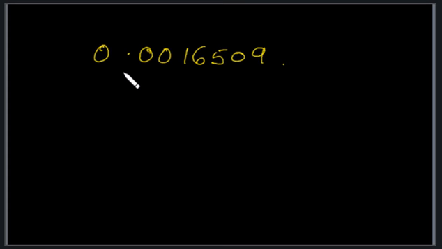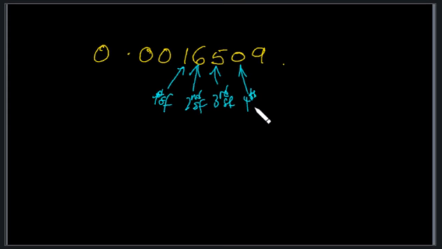My first significant figure of this number would be the first non-zero digit, which is 1. So we have our first significant figure. Then we have our second, third, our fourth significant figure, and the fifth.